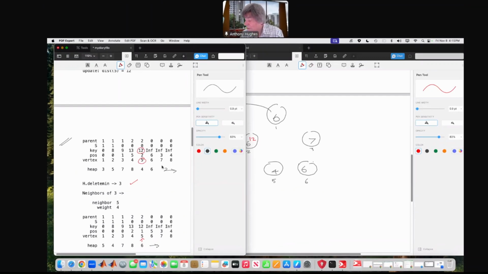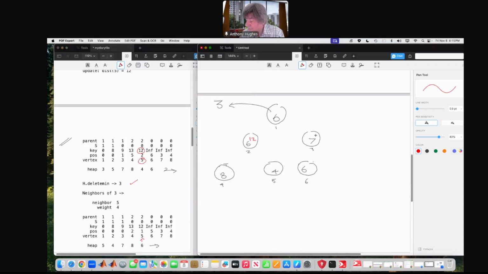The key for 5 is 12. The key for 7 is infinity. The key for 8 better be infinity. The key for 4 is 13. And the key for 6 is infinity. Why is the key for 7 infinity?